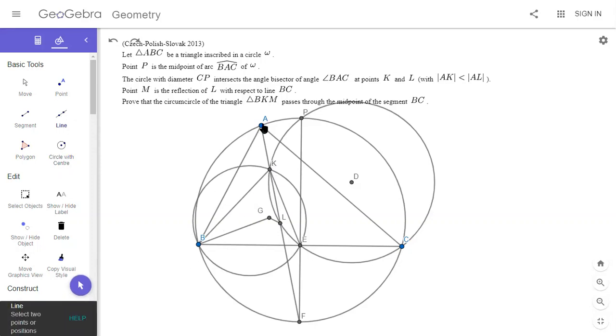Let's see, LKB is angle A over 2 plus angle ABK.